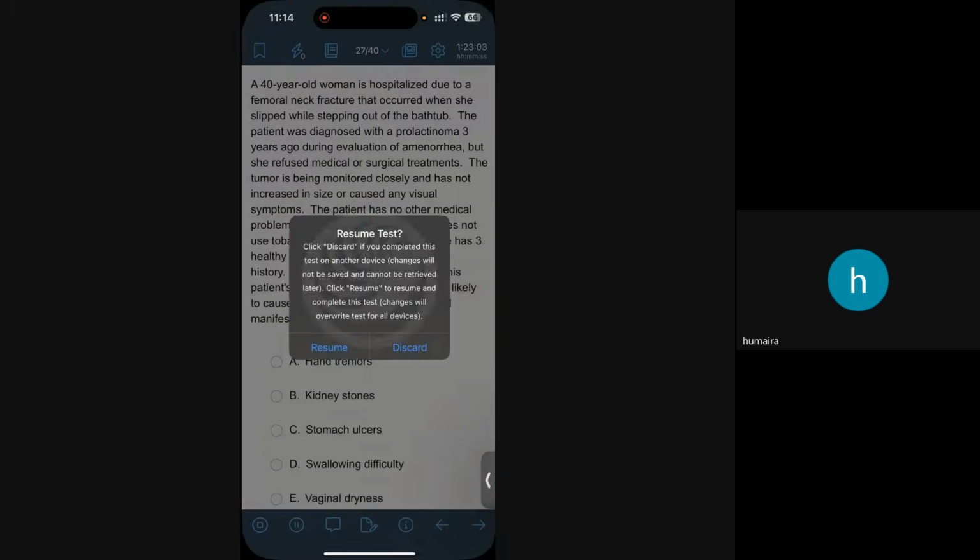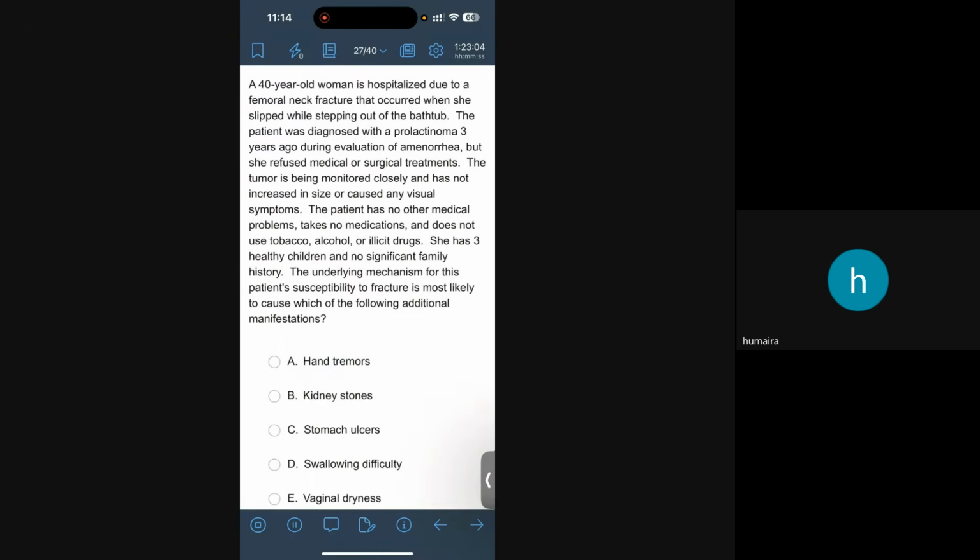So the underlying mechanism for increased susceptibility to fracture in this patient is low estrogen.